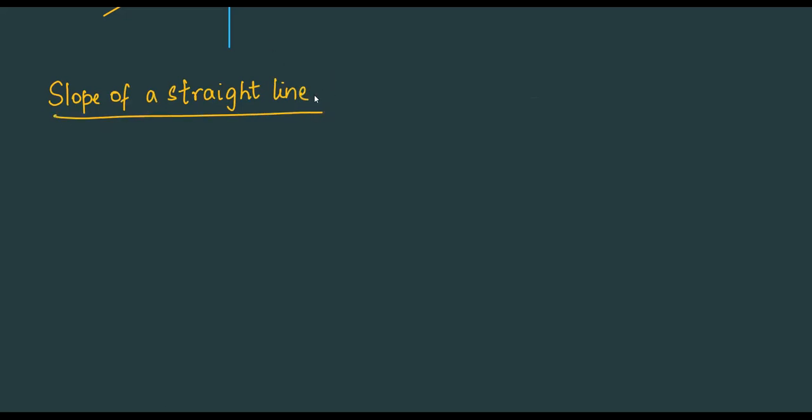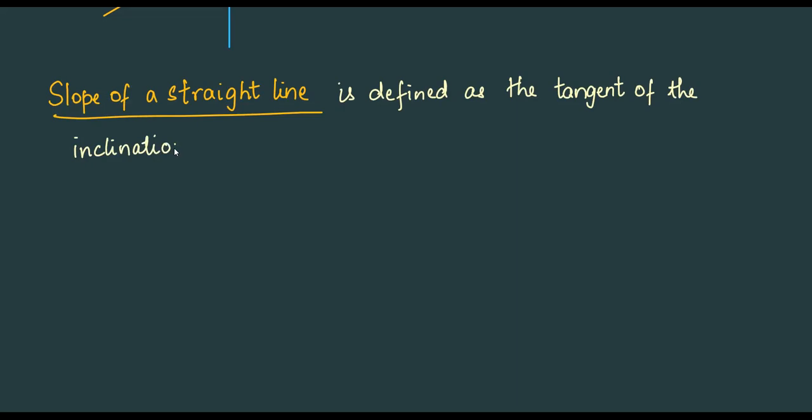Next is the important concept of the slope of a straight line. The slope of a straight line is defined as the tangent of the inclination of the line. It is denoted by m.